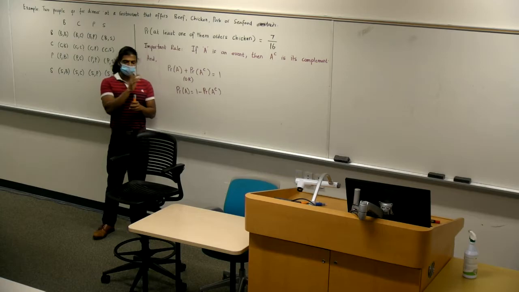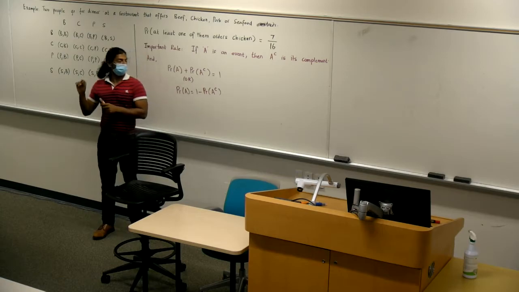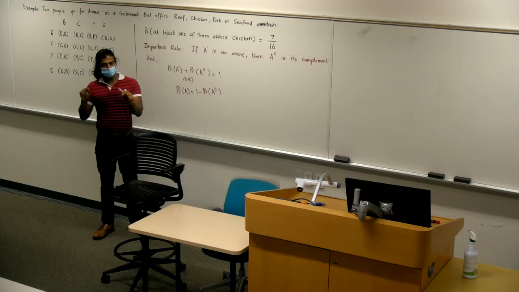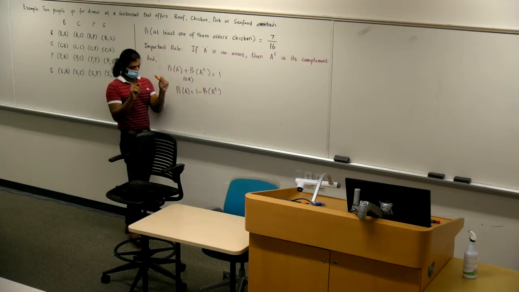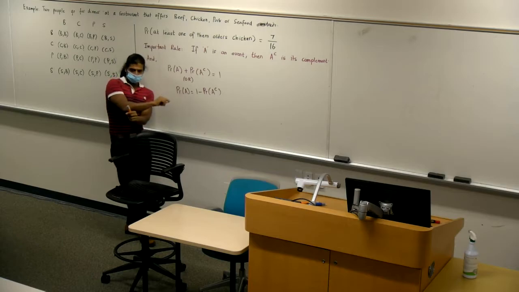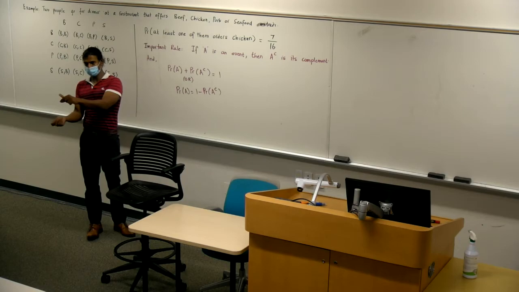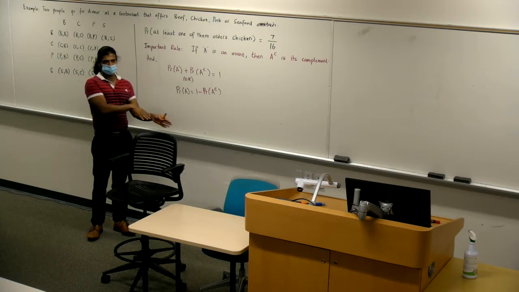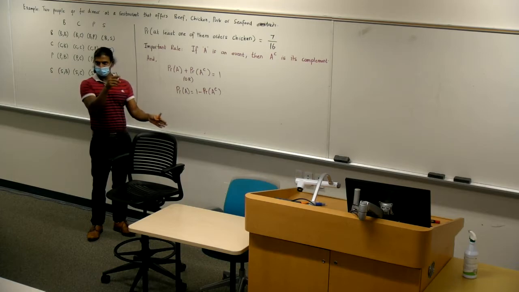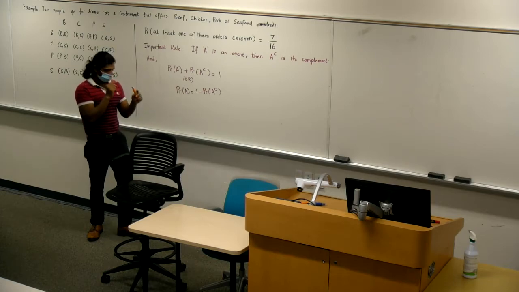Yes. But if two events A and B are disjoint, I cannot say that they are complements. So if they are complements, they are definitely disjoint, but if they are disjoint, it doesn't mean that they are complements of each other. Does that make sense? Yes? Okay.